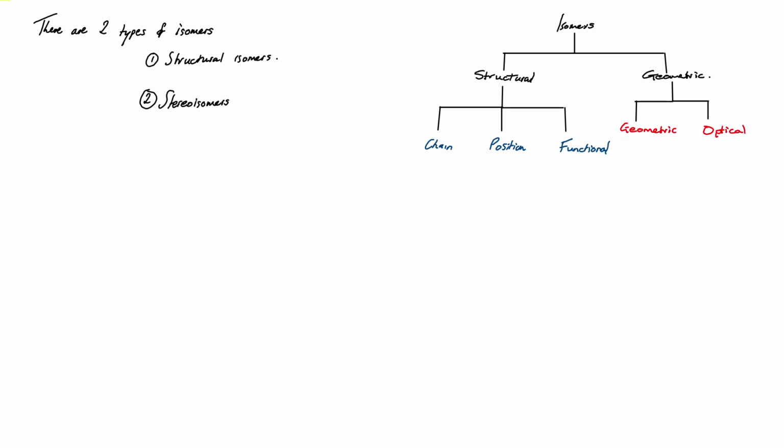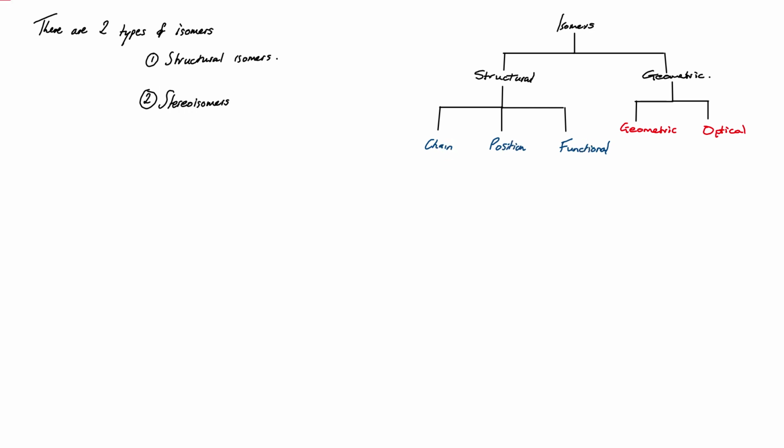I could show this in a family tree like so. Under the main family, isomers, you've got your structural isomers and you've got stereoisomers, and underneath the structural isomers you've got 3 smaller groups of isomers: chain, positional and functional.